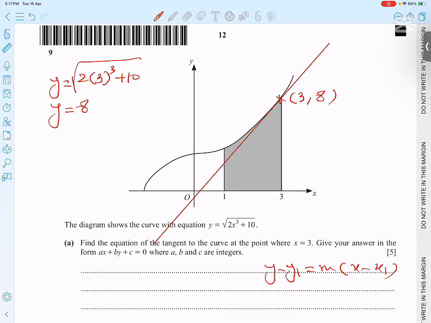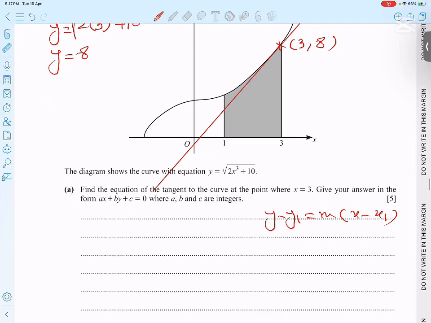And now, students, what is the way to do further? Because we got the point (3, 8). So this is done. This is okay, but this is missing. How to get this? Basically, when we have the equation of a curve given, we differentiate, and when we differentiate, we get the gradient.